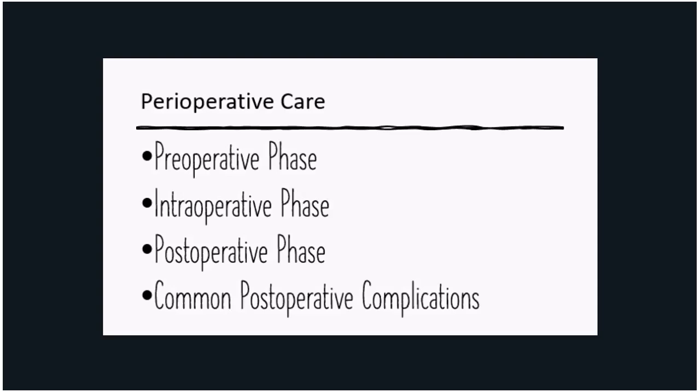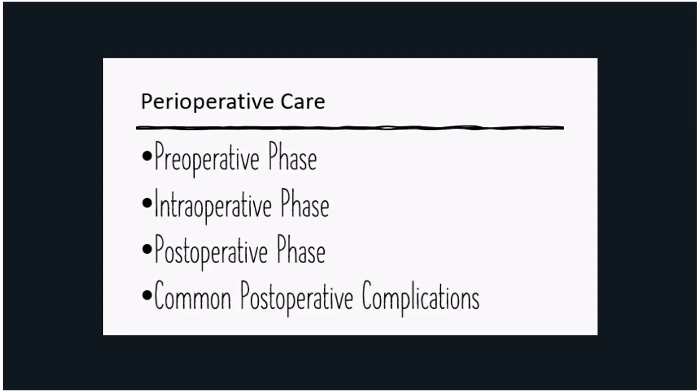The Universal Protocol, which is a safety initiative from the Joint Commission, says that we should conduct a pre-procedure verification process. So we should also mark the procedure site and perform a timeout before starting the procedure. The timeout will be done by calling verbally in the OR saying time out.